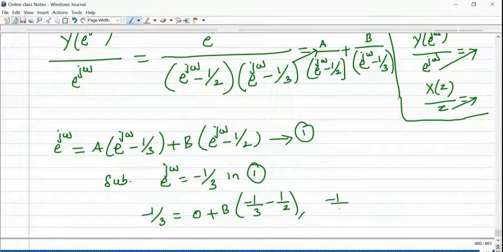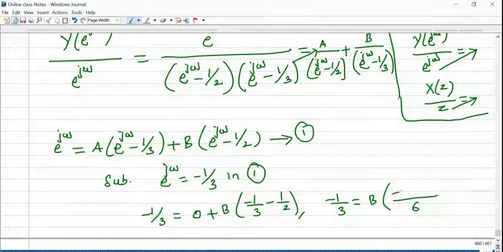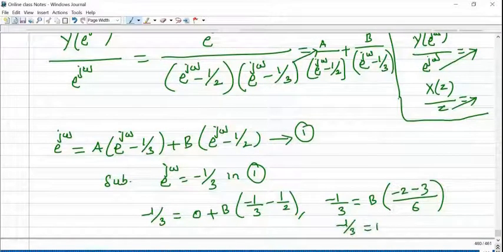So 1 by 3 equals B times, taking the common factor 6, (2 minus 3) by 6, which gives minus 1 by 6.